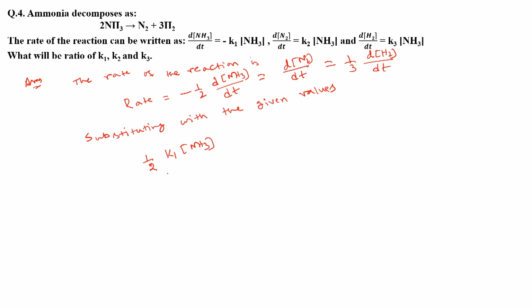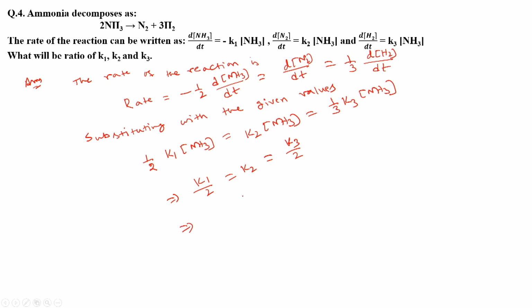So, if you substitute it, we get this one equals to K2 concentration of NH3, and you get 1 by 3 K3 concentration of NH3. So, we get K1 by 2 equals to K2 equals to K3 by 3.